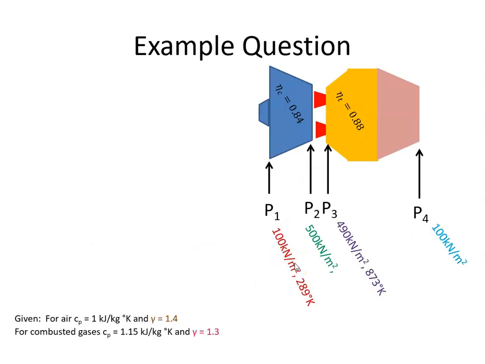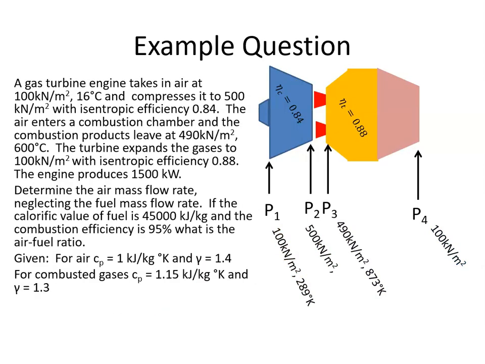Let's jump right in. So first of all, we have to look at what we were given. We're given the pressure and temperature at the inlet. We just converted it to Kelvin. We're given the pressure at the compressor outlet, but we're not given the temperature, so we're going to need to calculate that. We're given the pressure and temperature at the combustor outlet.